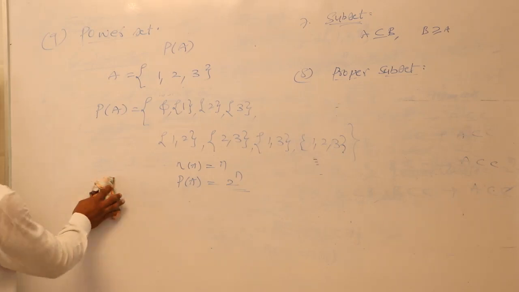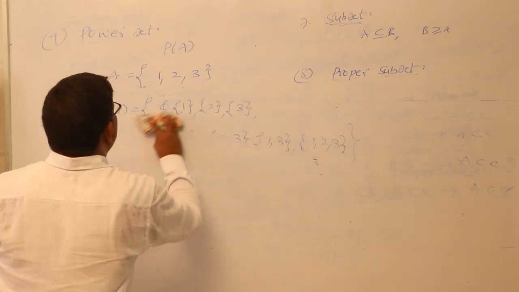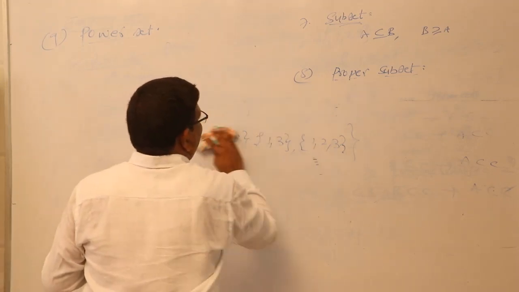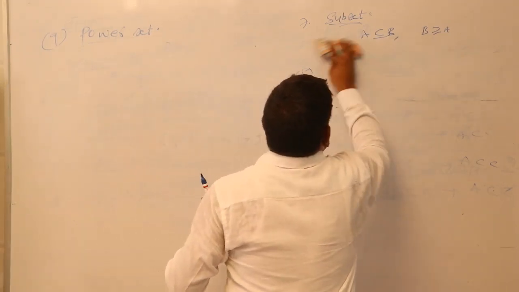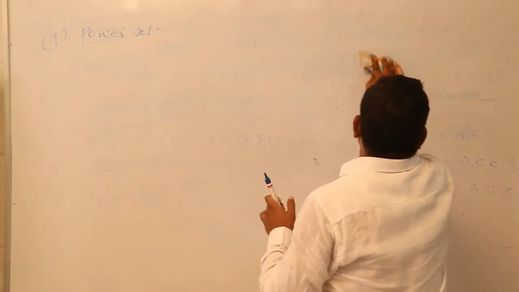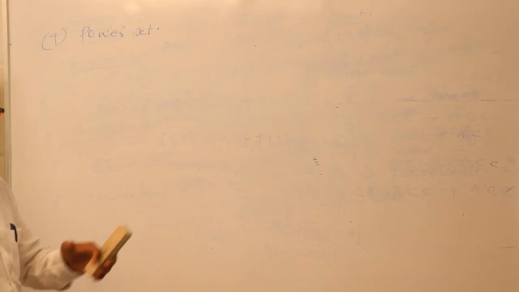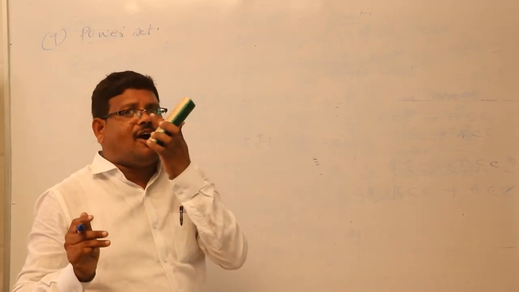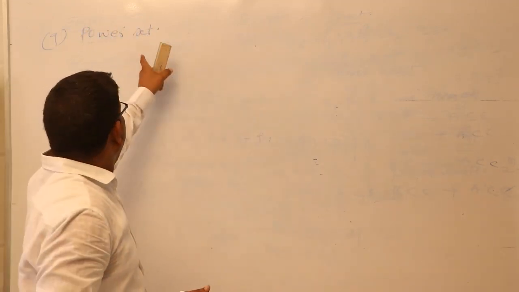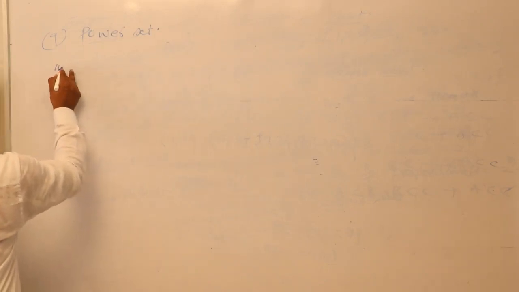So the next one is universal set. If you take all the sets into consideration, then the superset of all the sets is called the universal set.